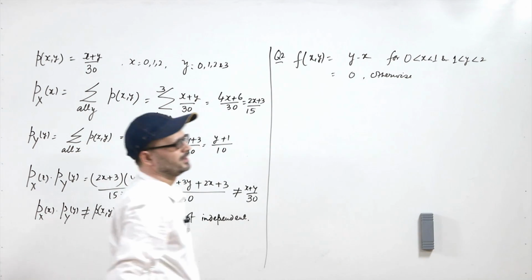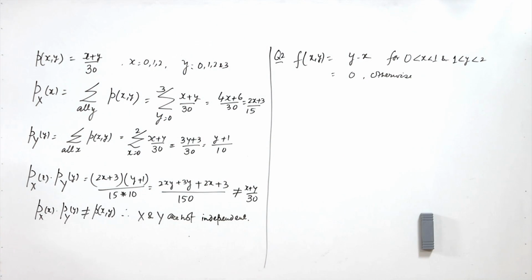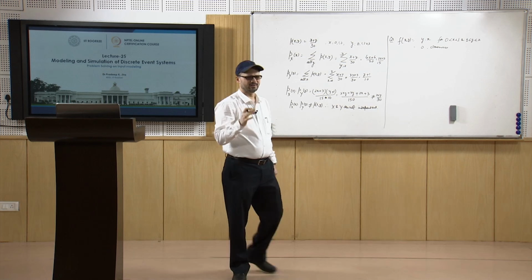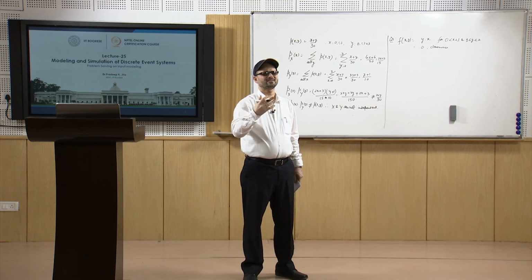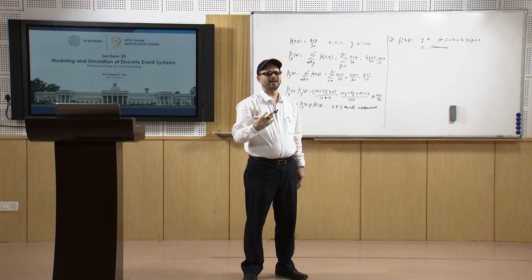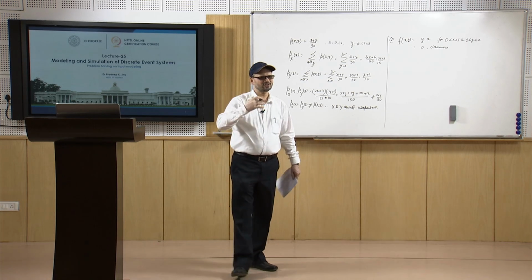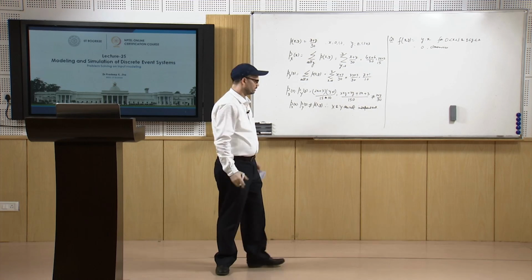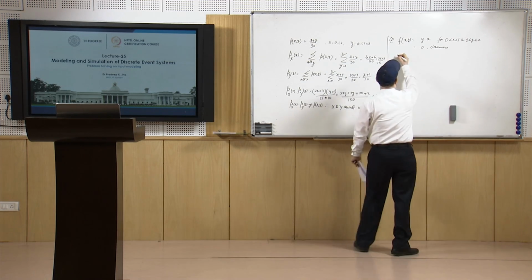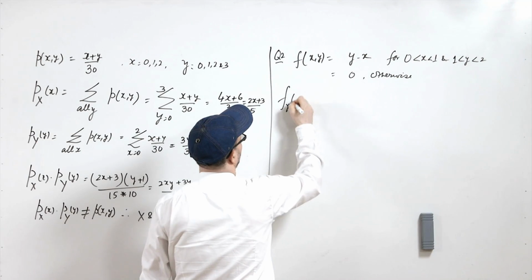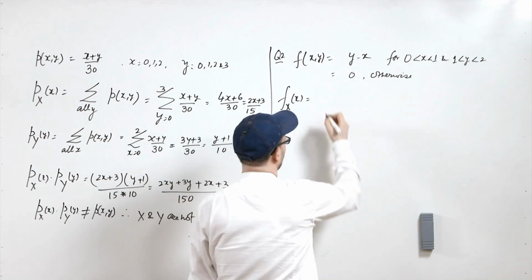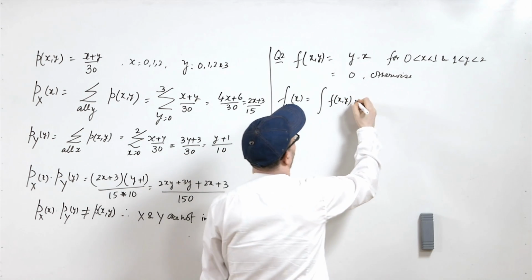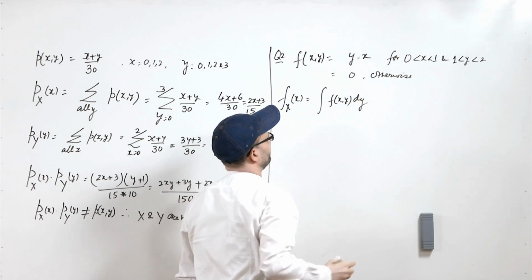We have to find many parameters here. First of all we have to see whether it is dependent or independent. For that we find fX(x) and fY(y), and then see whether their multiplication is the same as f(x,y). Then we can say whether it is independent or not. fX(x) is the integral of f(x,y) dy, with y varying from 1 to 2.